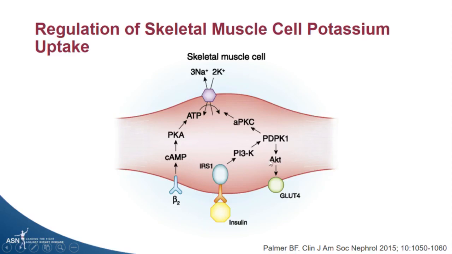So insulin stimulates the phosphatidylinositol 3 kinase system, whereas beta agonists work through cyclic AMP, but both ultimately stimulate the activity of the sodium-potassium ATPase, stimulating potassium uptake into the cells. And you'll note that the control of potassium uptake by insulin is actually independent of the regulation of glucose.